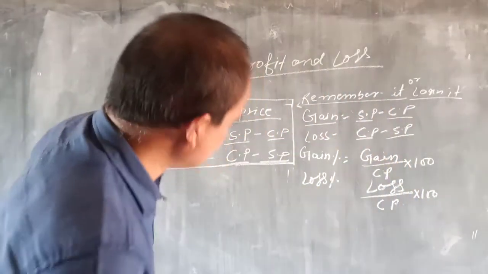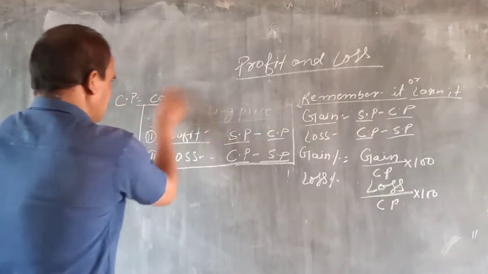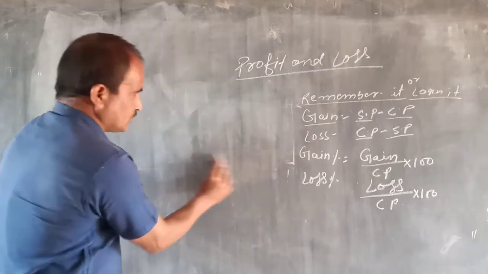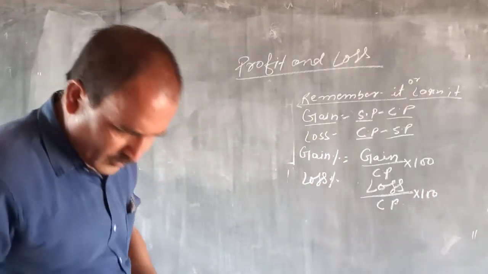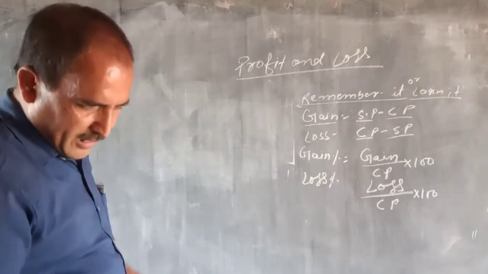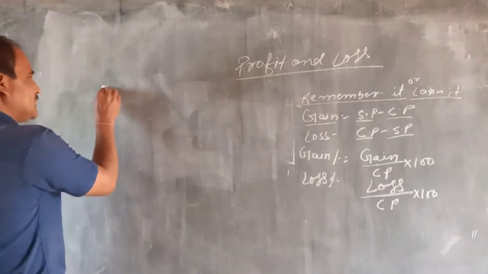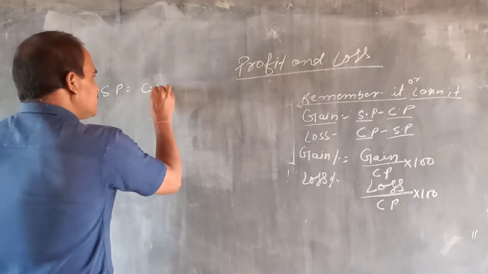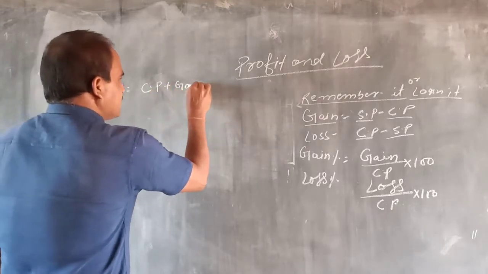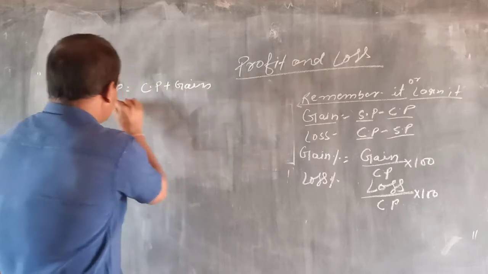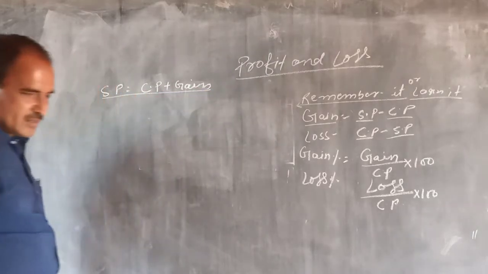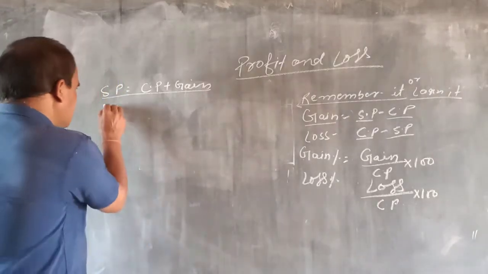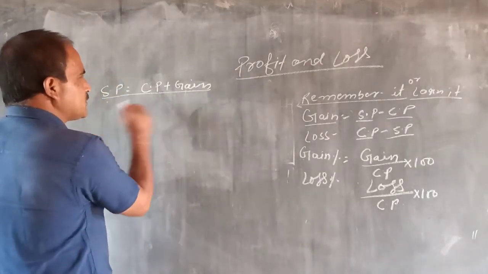And next, how do you find SP? SP is equal to CP plus gain.